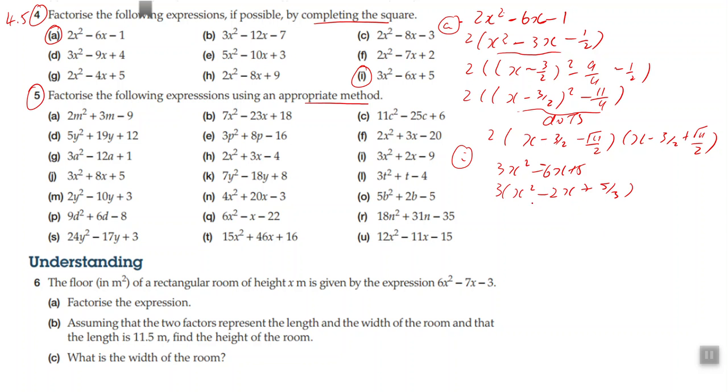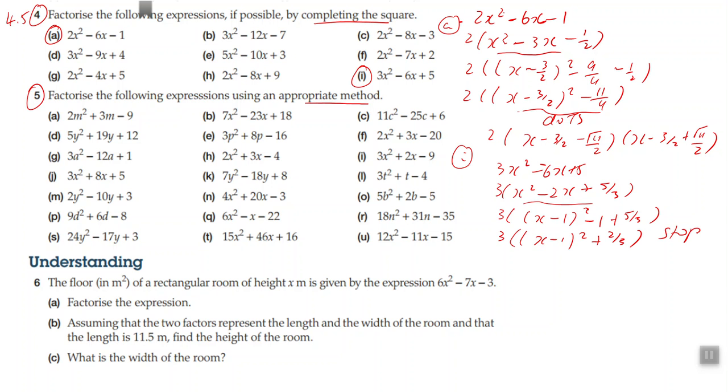Then x minus 1, double brackets, minus 1, plus 5 over 3, which is the same as -3 over 3 plus 5 over 3, which is positive 2 over 3.